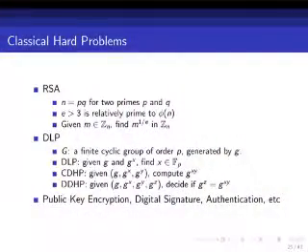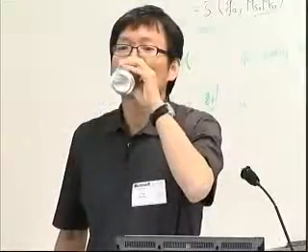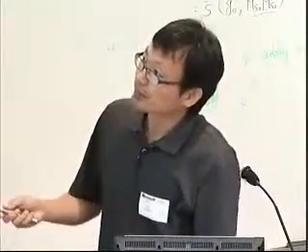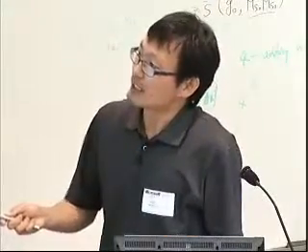Okay, let me move to a third one. We know RSA problems, and we know DLP, but usually the security of a crypto system does not depend on DLP, but rather on the computational Diffie-Hellman problem or decisional Diffie-Hellman problems.